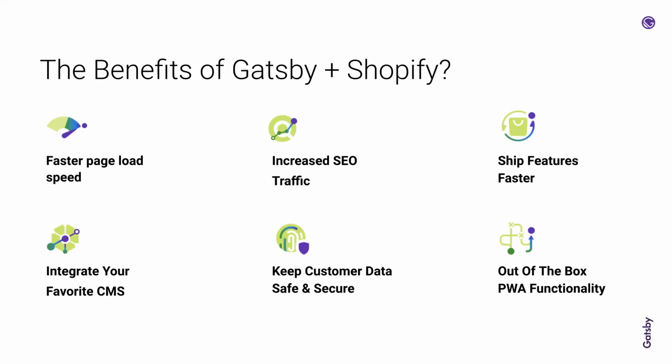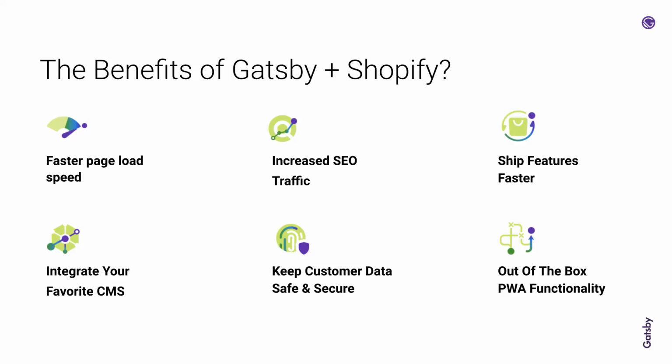Also, integrate your favorite CMS. If you go with a traditional monolithic system, you're going to be tied into whatever way they deal with content, or you're going to have to use a Frankenweb subdomain URL and install it there. With Gatsby, Shopify has the solution. You're going to be able to source content from any CMS, any data source.